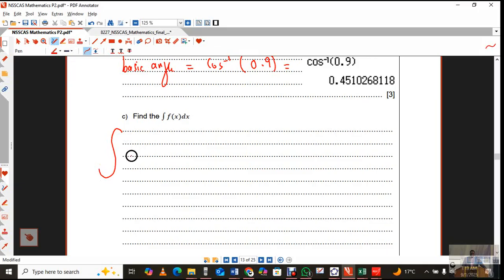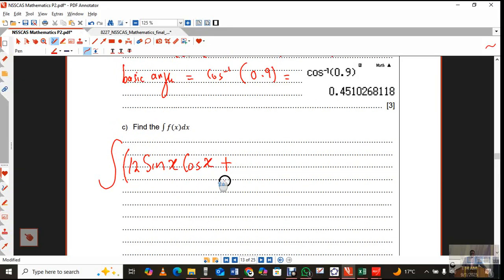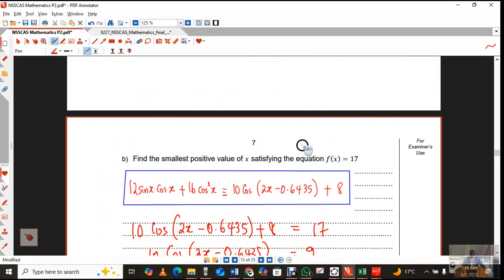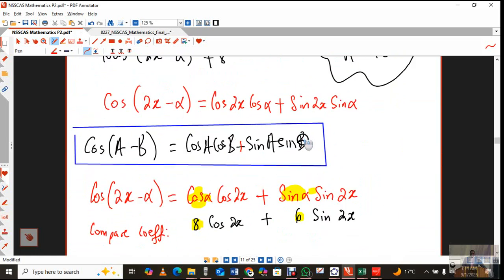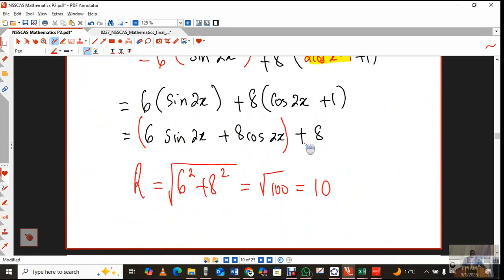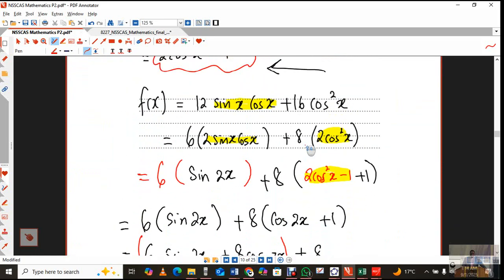Remember, our f of x was 12 sine x cos x plus, what was it? The way I wrote it, let's go back to the way I wrote it when I was using all of my wits about it. It's here.